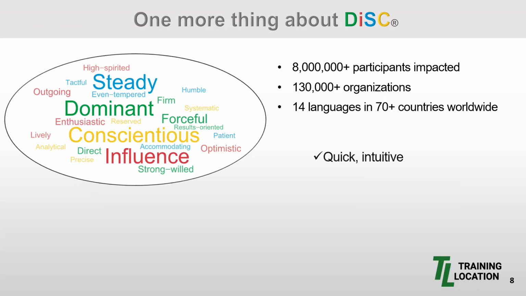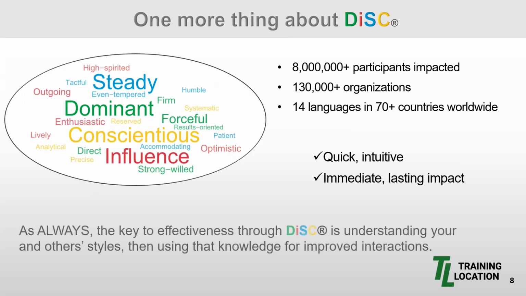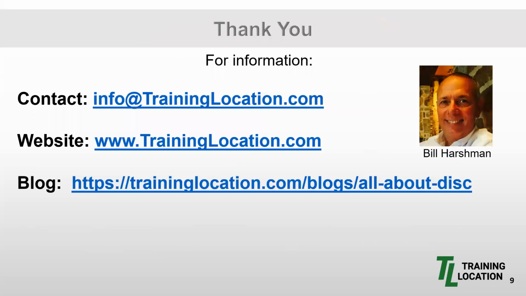DiSC provides a quick, intuitive way to understand yourself and others, and it provides immediate and lasting impact on people and culture. And as always, the key to effectiveness for DiSC is understanding your and other styles, then using that knowledge for improved interactions.